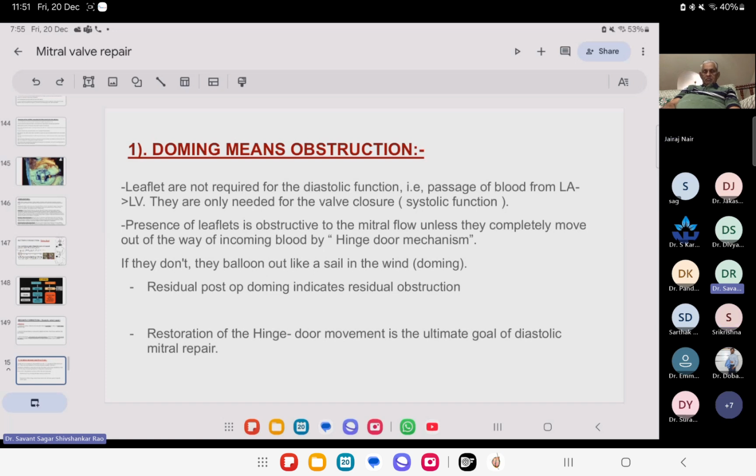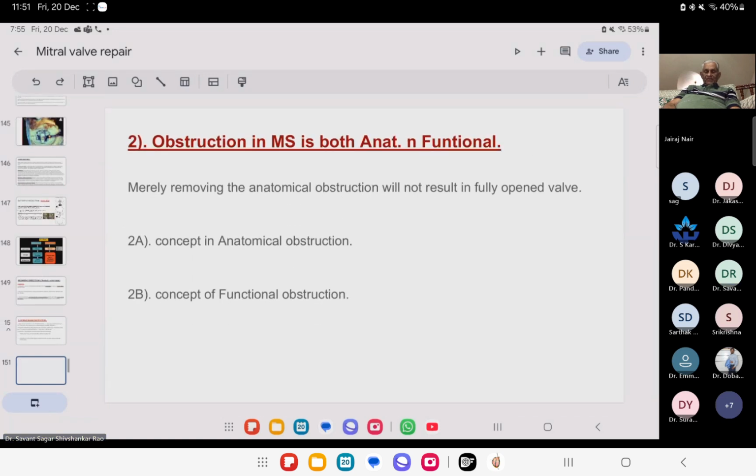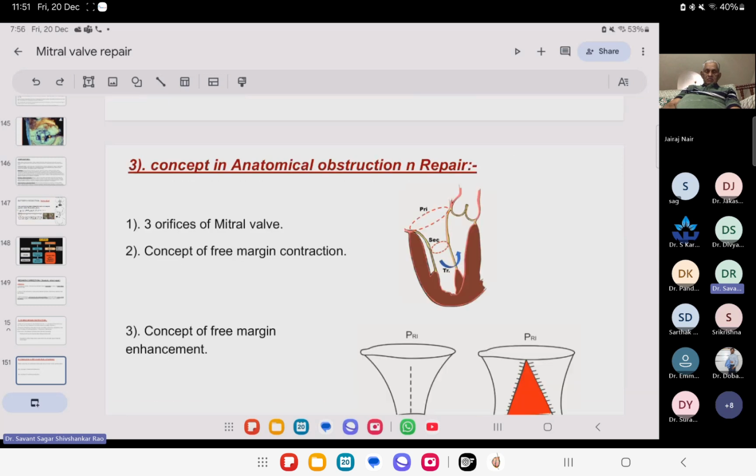So residual post-op doming indicates the residual obstruction. Restoration of the hinge door movement is the ultimate goal of the diastolic mitral valve repair. So obstruction in mitral stenosis is both anatomical and functional. Merely removing the anatomical obstruction will not result in a fully opened valve. There is something called anatomical obstruction and functional obstruction.